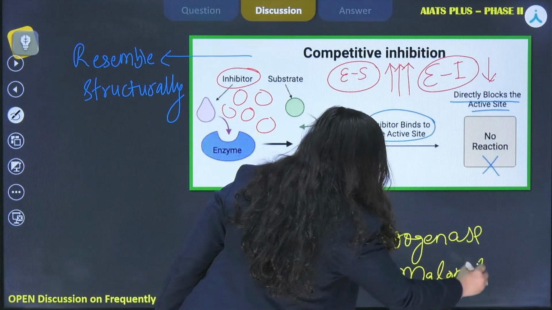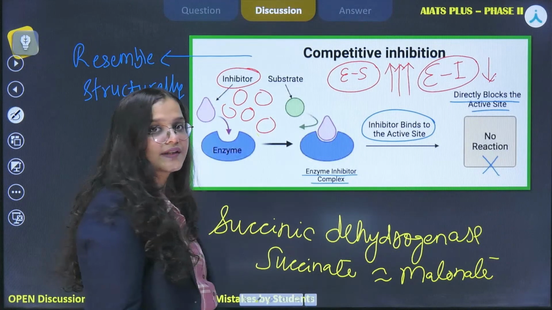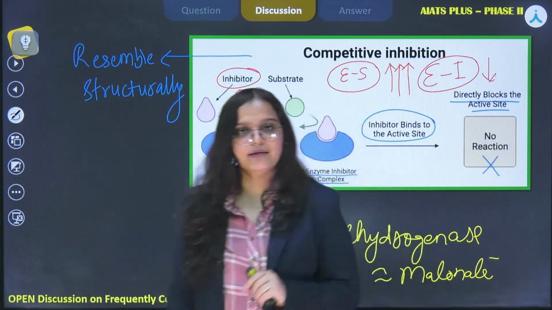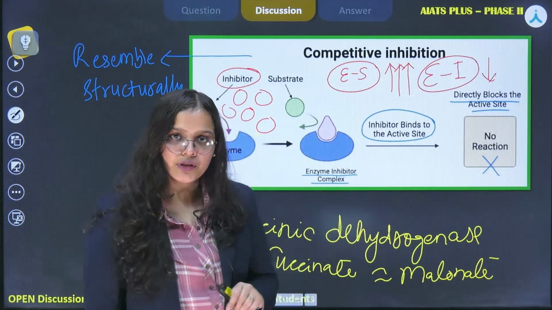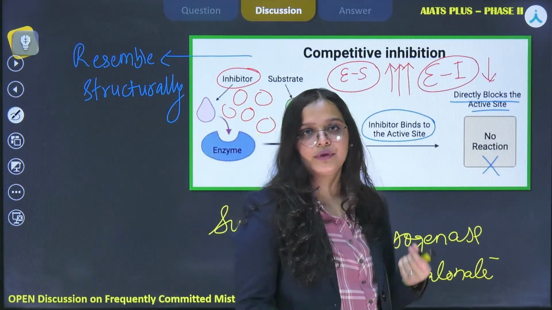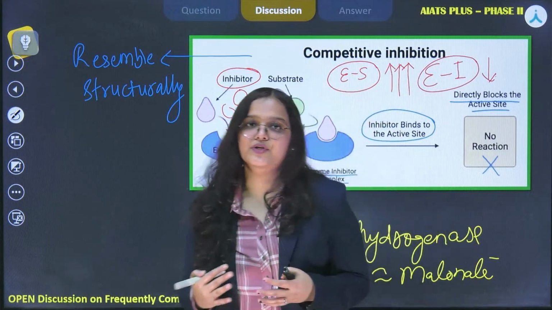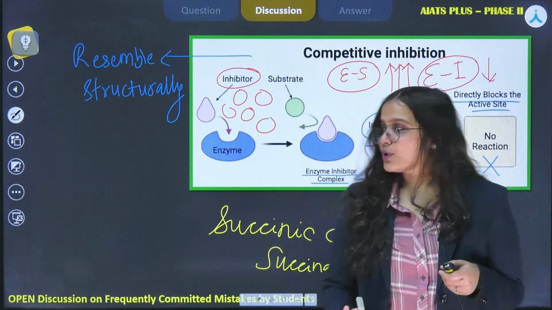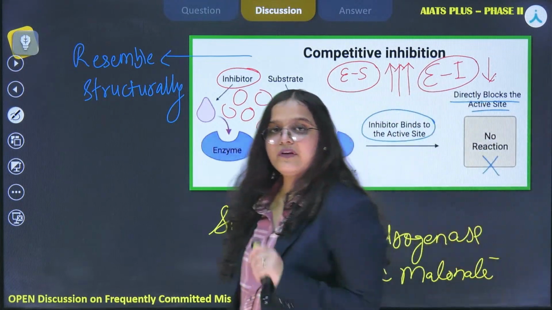So we say that the inhibition of succinic dehydrogenase by malonate exhibits competitive inhibition, but it can be overcome if we increase the concentration of the substrate, which is succinate here. Alright, so this was the basics of competitive inhibition.